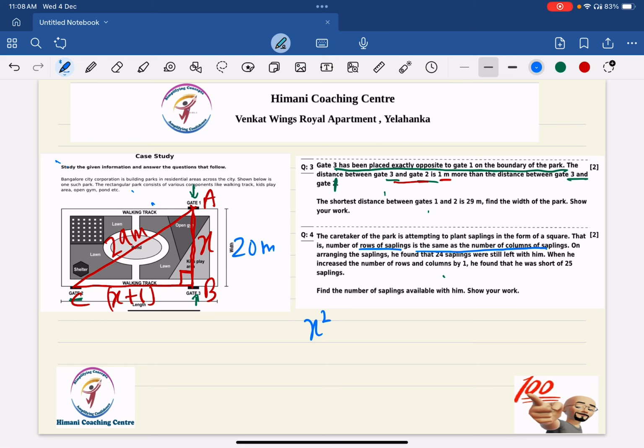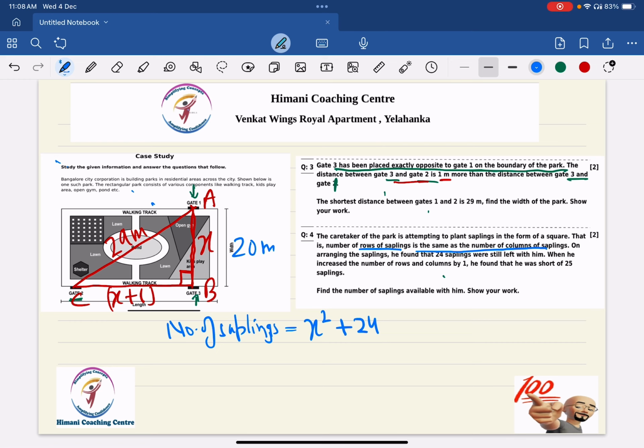Then how many saplings were left? 24 saplings were left. That means the number of saplings should be equal to x square plus 24. Now, when he does one row and one column extra, then he found that he was short of 25 saplings.